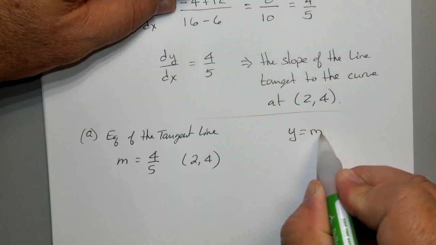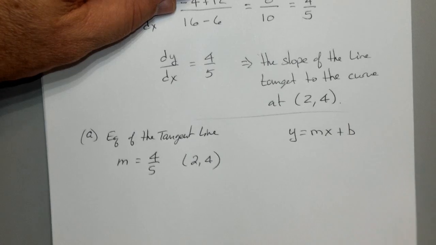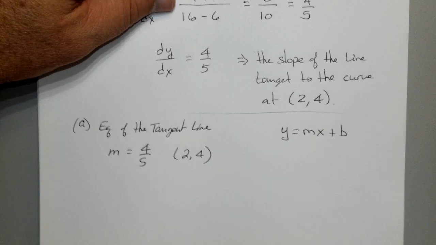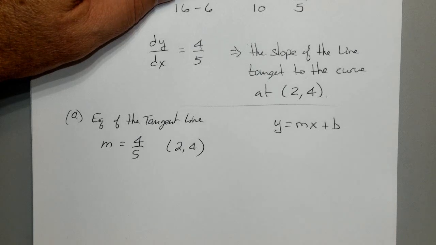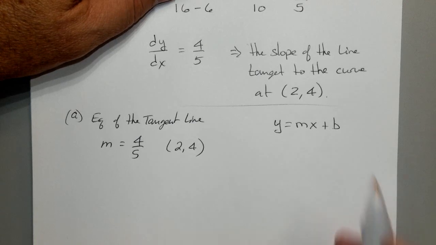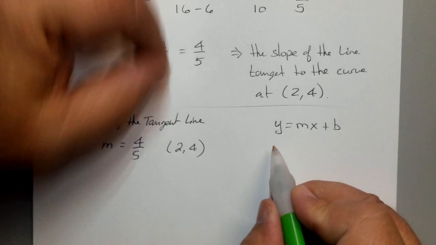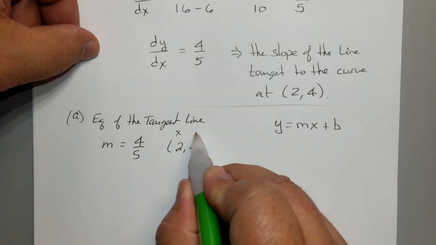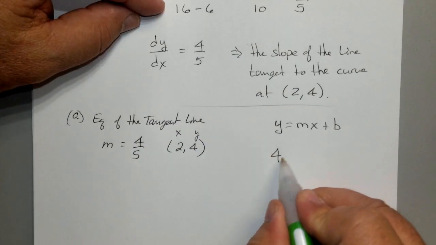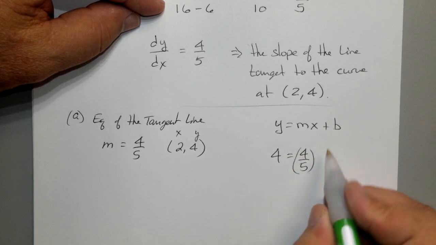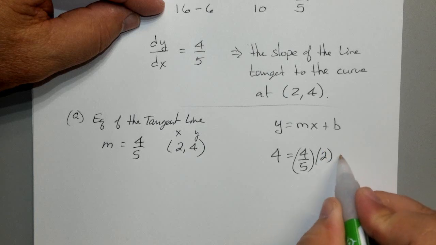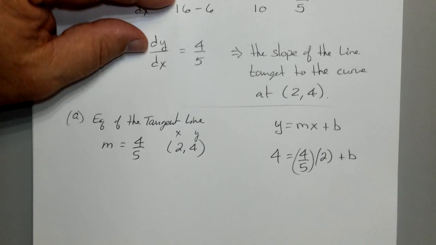We need to have it in this form, equation of a line. So what's the only thing we're missing? Yeah, we're only missing b, because this is x and this is y, so it's 4 equals 4 over 5 times 2 plus b.